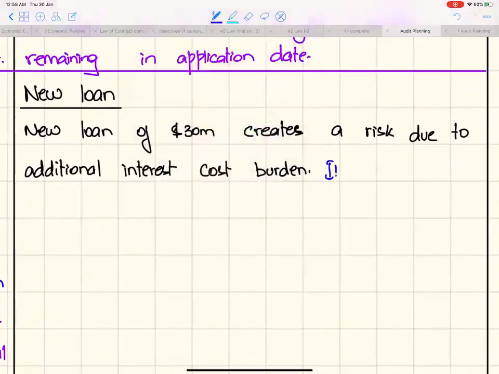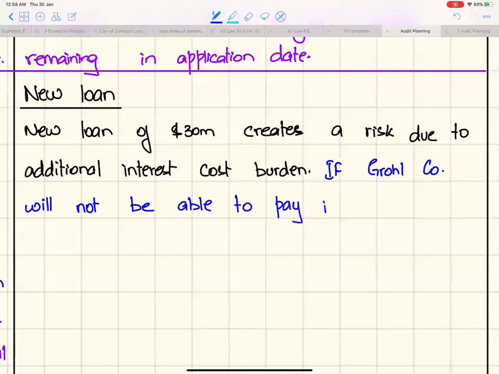If Grohl company will not be able to pay its interest cost, then the bank will impose additional covenants.